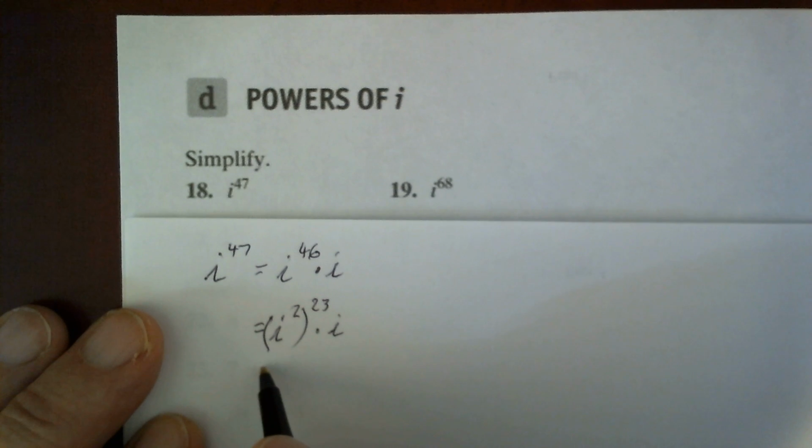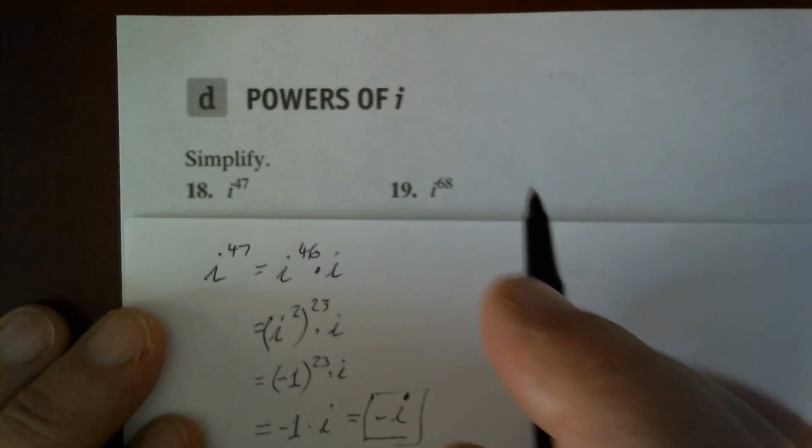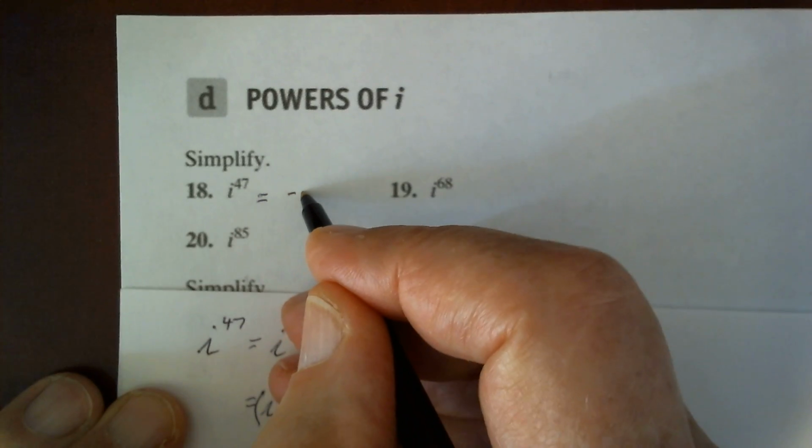The next step is that i squared equals minus 1, and we raise that to an odd power. So we know that that's equal to minus 1 times i, which is the same as minus i. So that's the answer, minus i, and that's the solution to number 18. So here the answer is minus i.